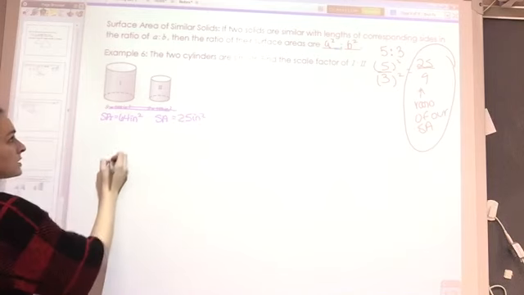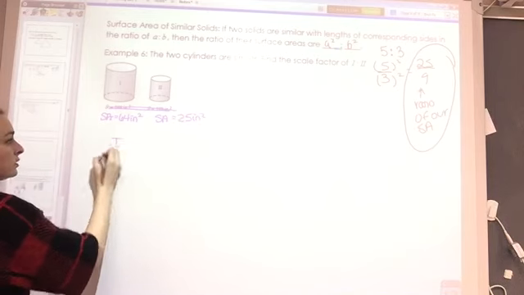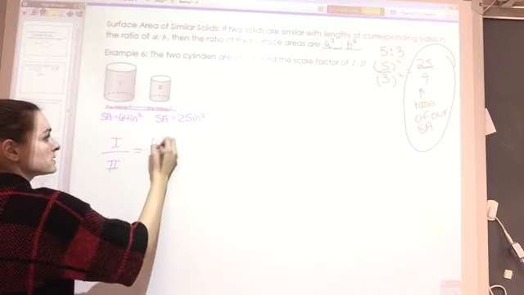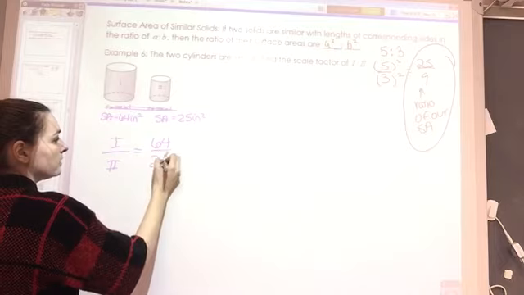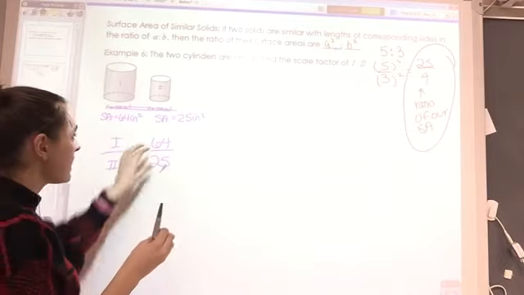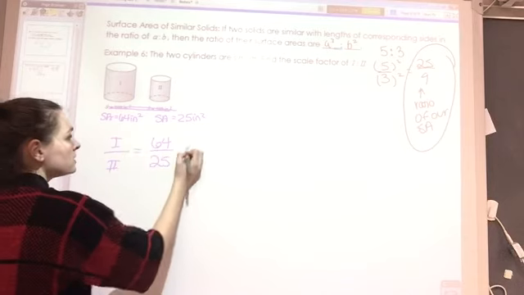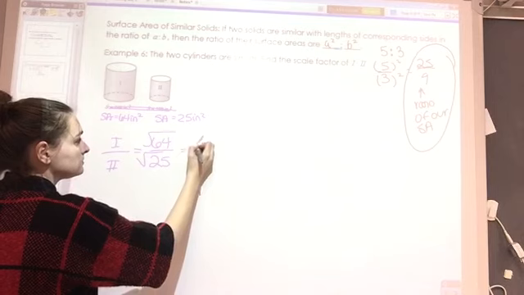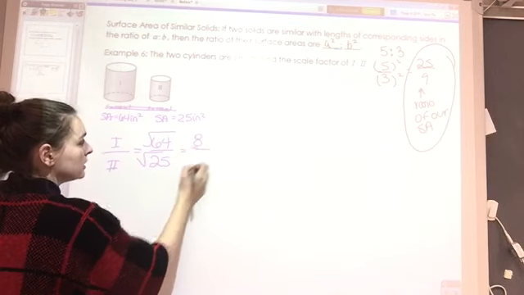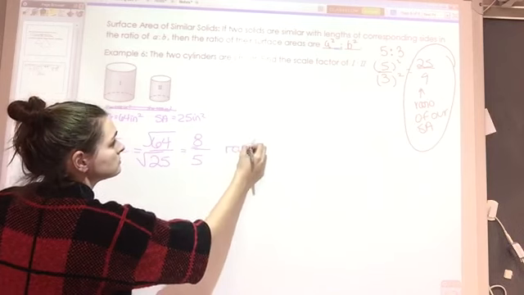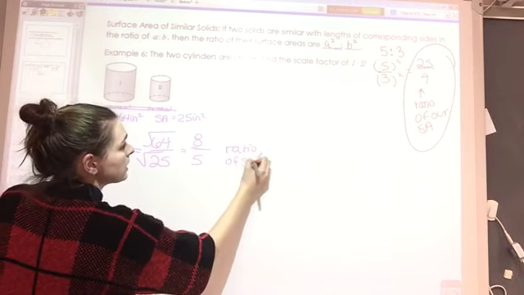Okay, so let's try this again. So we wanted it to be 1 over 2, and we were given the surface areas for each. So we've got 64 over 25. And again, I want to find the scale factor of my sides. So I know they have to be smaller than this, right? So I need to take the square root, and I get 8 over 5. So this is going to be the ratio of sides.